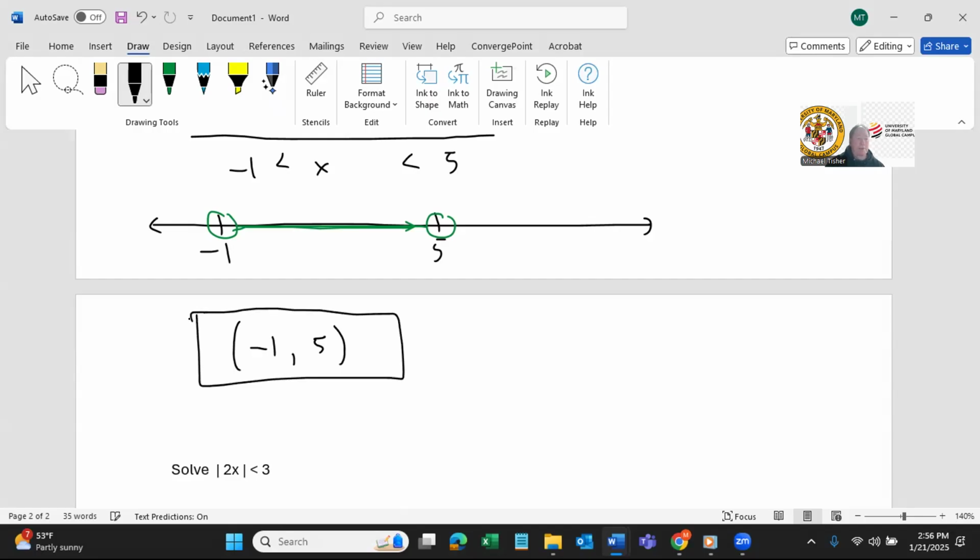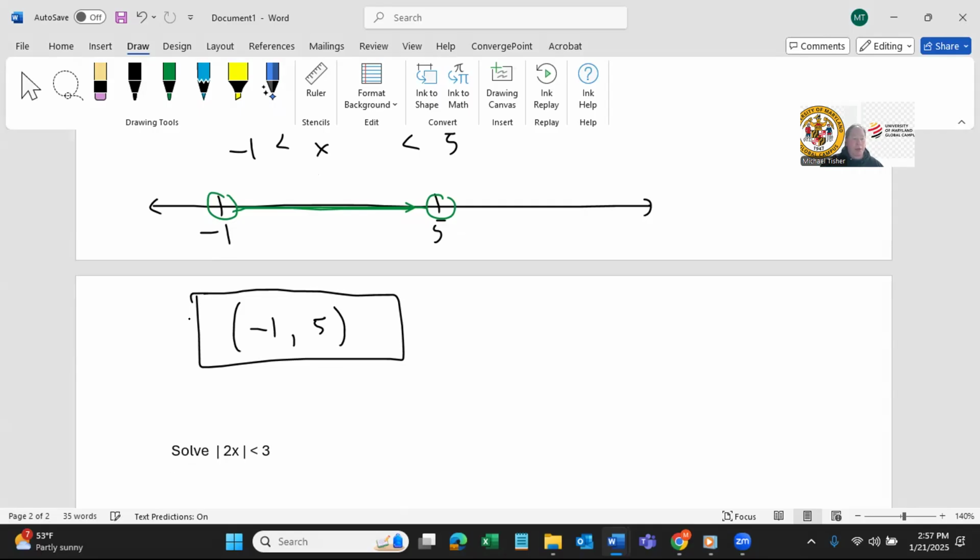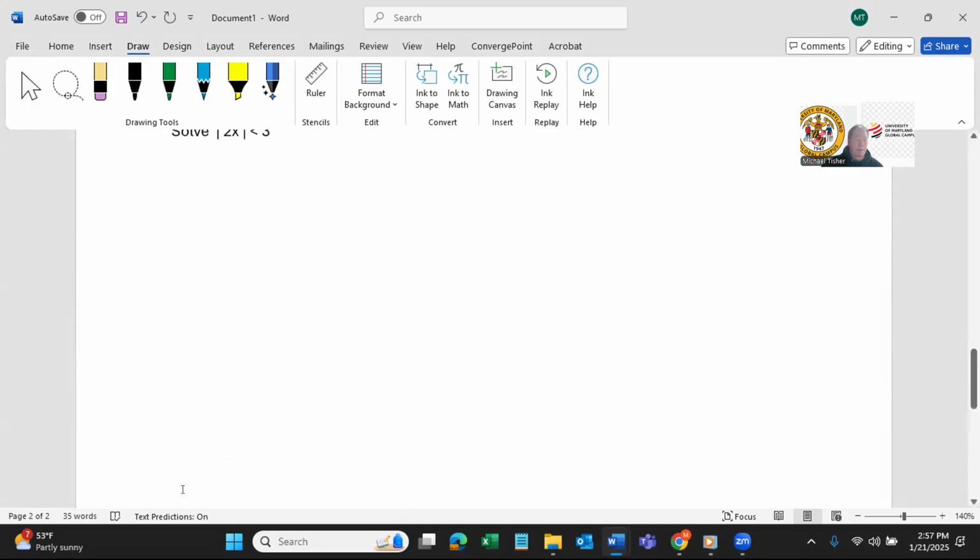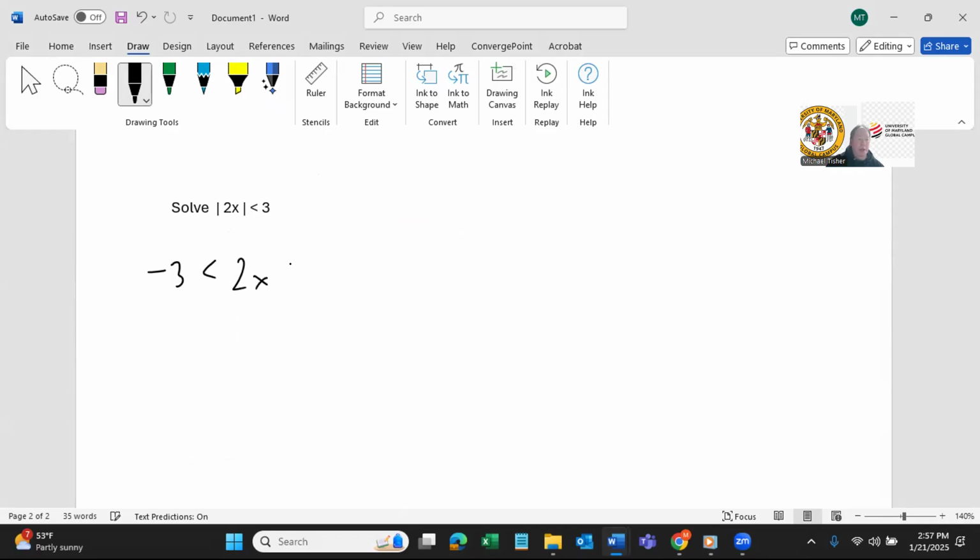And there's the answer. Now let's try the same trick on the absolute value of 2x, close absolute value, less than 3. We'll change the 3 to a negative 3, put it right here, less than, take out the contents of the absolute value, in this case just 2x, and then less than 3.